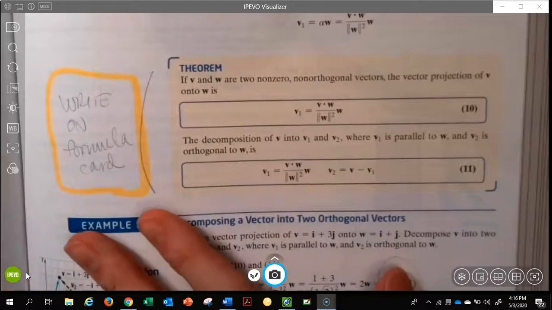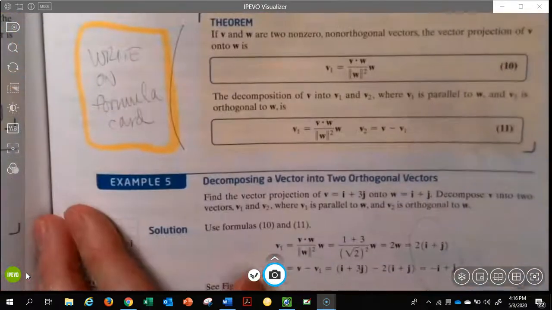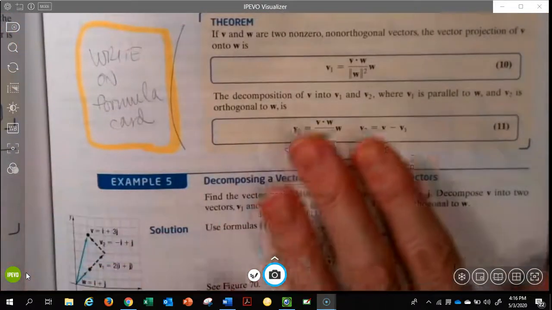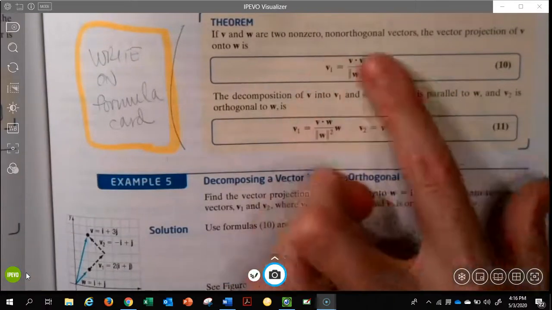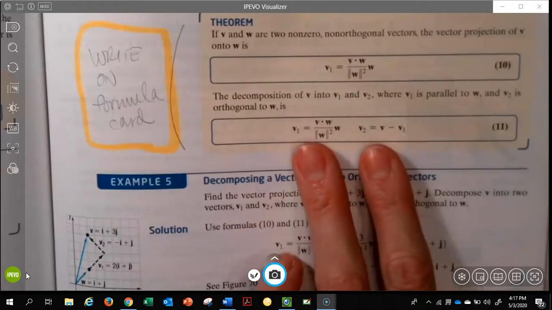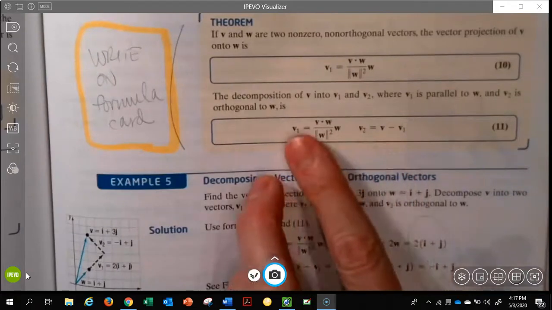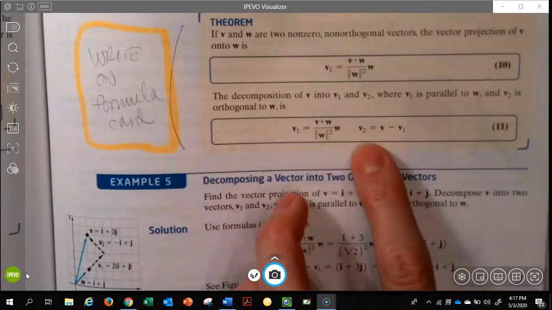When you're doing these two pieces, it's going to tie in to what's called decomposing. But I want you to go ahead and get them on your formula card. When we go to decompose, I think that's such a weird word, you need these two pieces down here, because we're going to pull apart a vector into two other vectors, and one's going to be called v sub 1 and the other v sub 2.